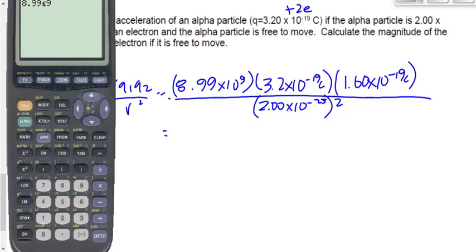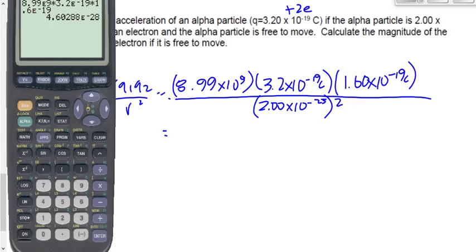Even though that's a numerator, on the top, so it doesn't really matter, you'd get away with using the other way of entering it, but we want to get in the habit of using the EE. Times 3.2 EE negative 19 times 1.6 second function EE negative 19.